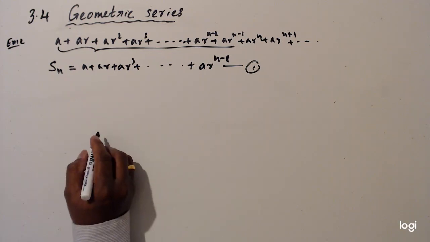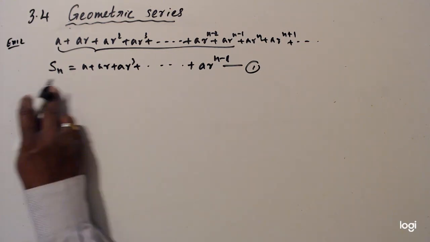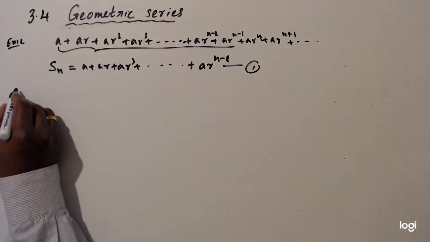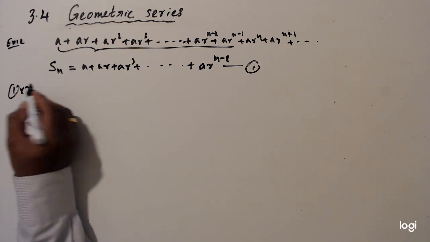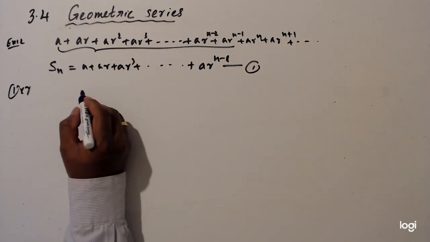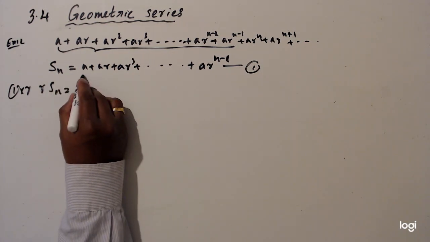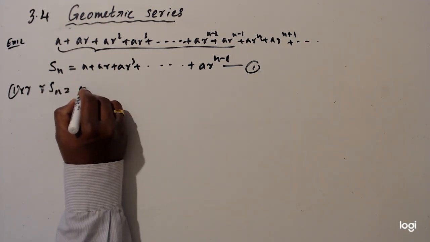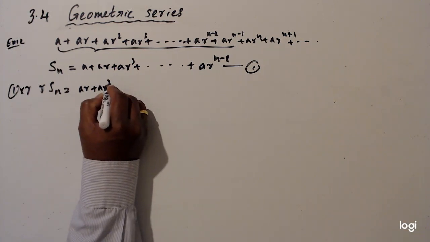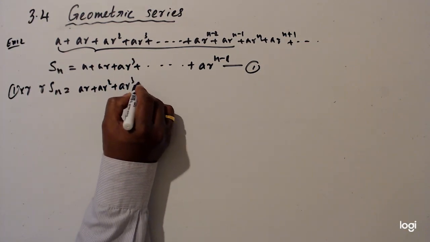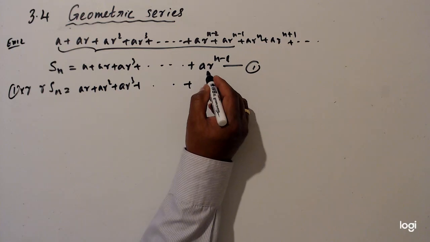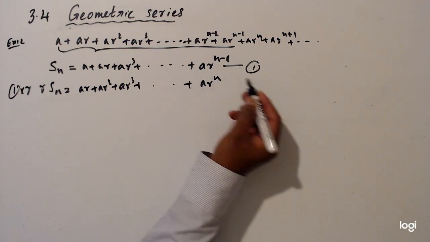Like last time, we have to multiply this equation by the common ratio, that is R. Then this is going to be R Sn. So then R times A becomes AR, AR^2, AR^3, and this becomes AR^n.